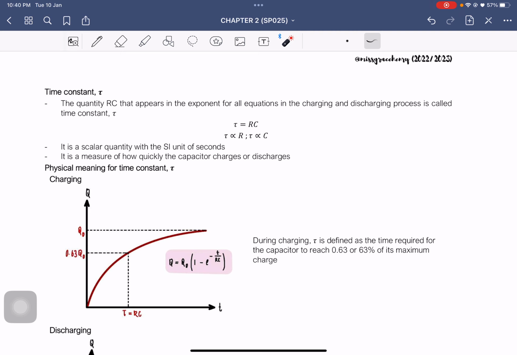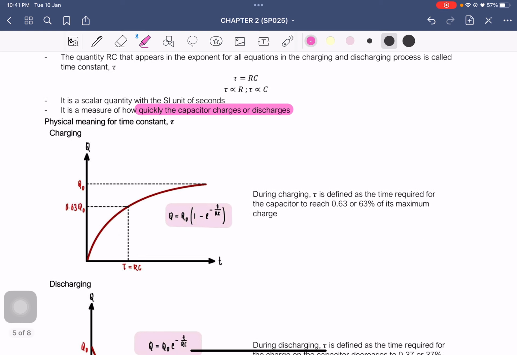Okay, so it is a scalar quantity and has the SI unit of seconds, and then it is basically a measure of how quickly the capacitor charge ataupun discharge. So itu kamu lebih mudah faham lah. Dia just bagi tahu laju ke tidak dia charge, or discharge. Okay, so it is a measure of how quickly the capacitor charge or discharge.